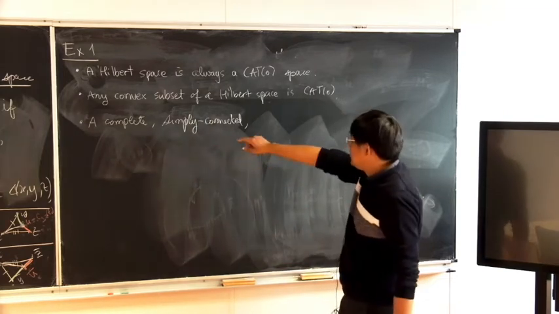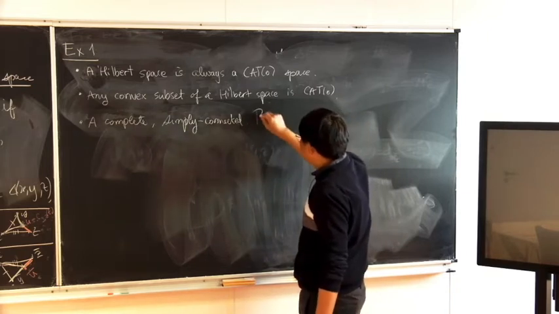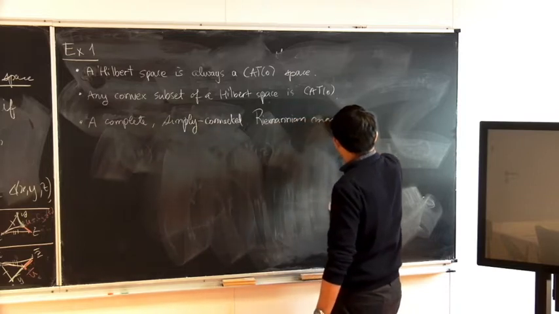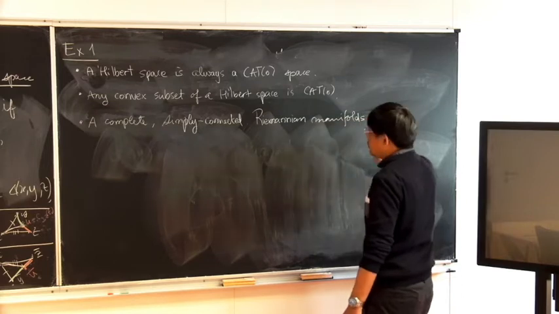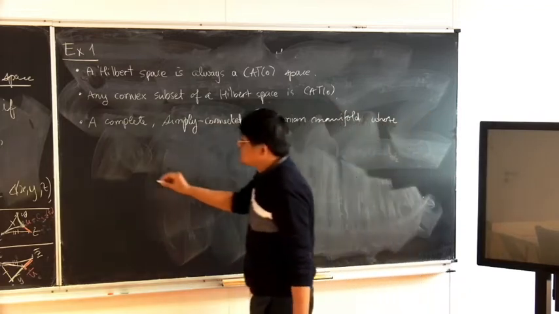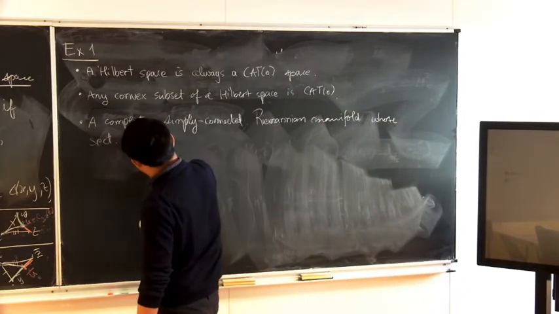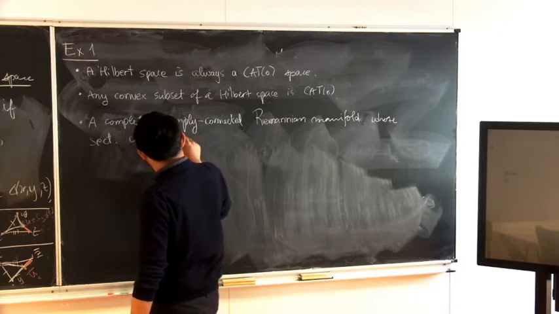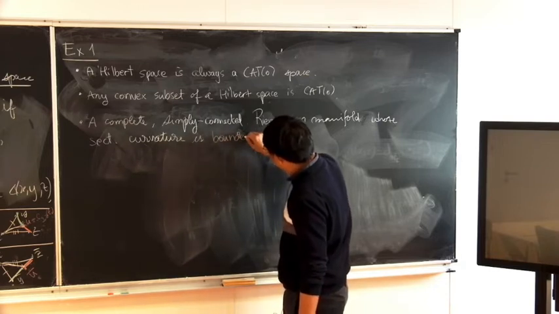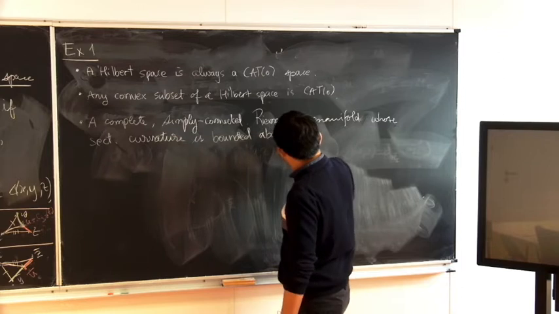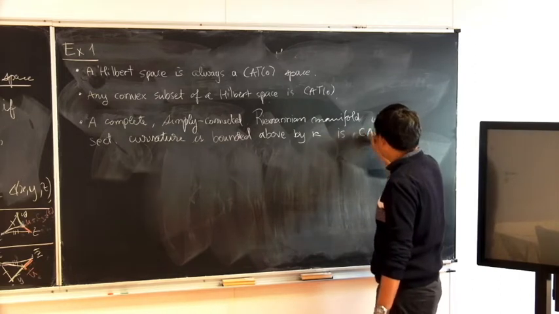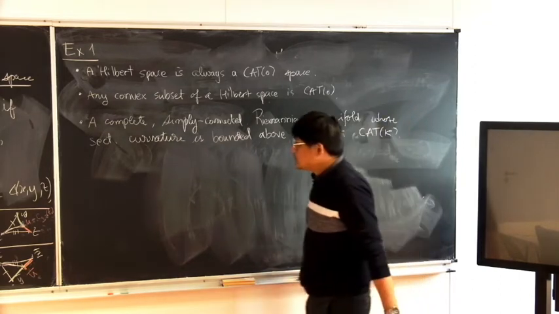So, a complete, simply connected Riemannian manifold whose sectional curvature is bounded above by kappa is CAT kappa.